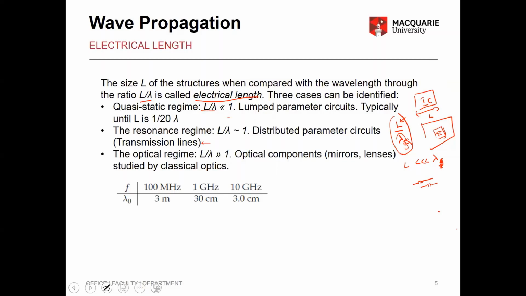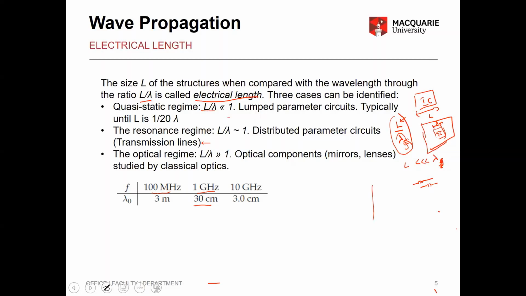Now, for example, if you look at a frequency of 100 megahertz or even 1 gigahertz, you notice the wavelength in free space is 30 centimeters. Now, 30 centimeters is a much larger value than the dimensions of the IC, which could be a few millimeters. So when the IC is about 3 millimeters, and your wavelength is 30 centimeters, even if it's a guided wavelength, it could be like 20 centimeters.